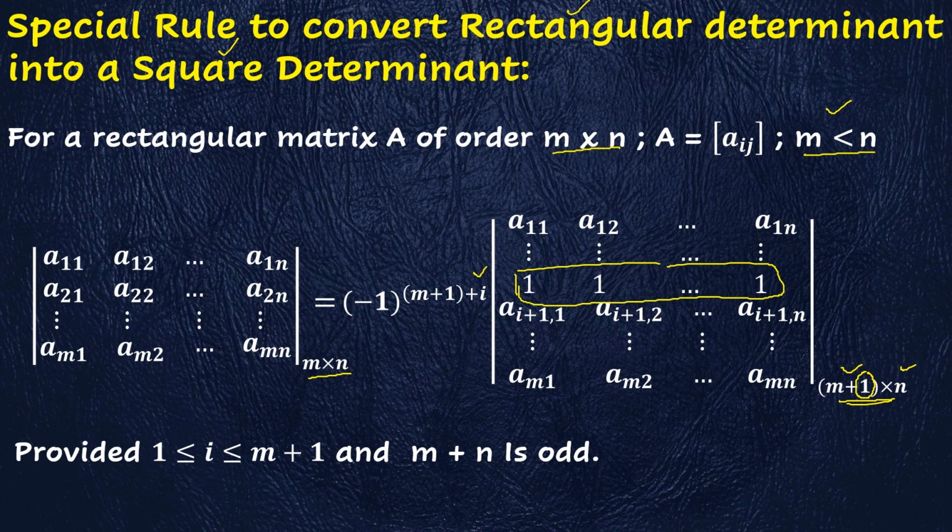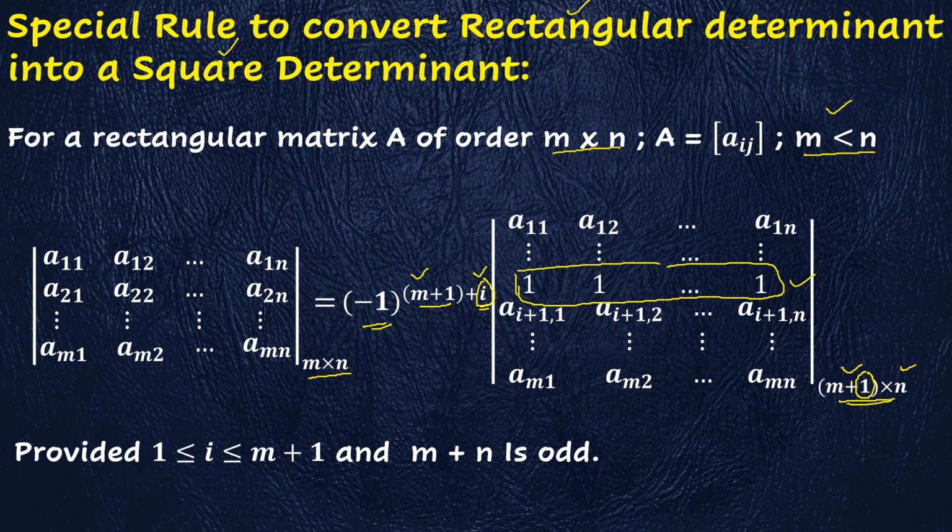Note that here a row has been inserted with each element as 1 at the ith place, because the formula is: this m cross n determinant is equal to minus 1 raised to power m plus 1 plus I. Here m is the number of rows and I is the position at which this row with each element 1, 1, 1 can be inserted.